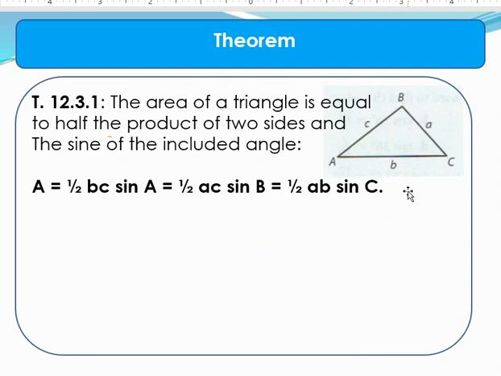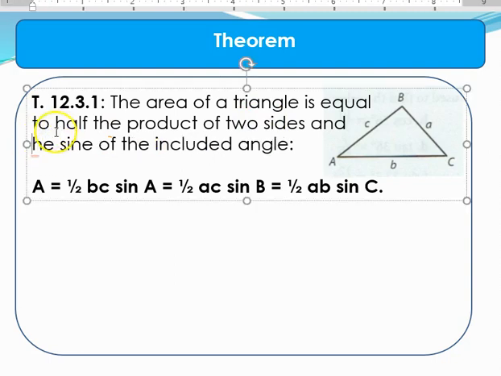We have two theorems coming up. If you take a look at this triangle, this is your standard triangle where we have A, B, C, and then the opposite sides are small a, small b, small c. In theorem 12.3.1, the area of a triangle is equal to half the product of two sides and the sine of the included angle.